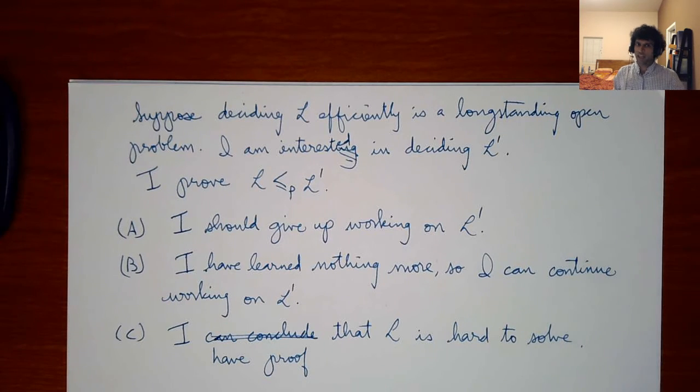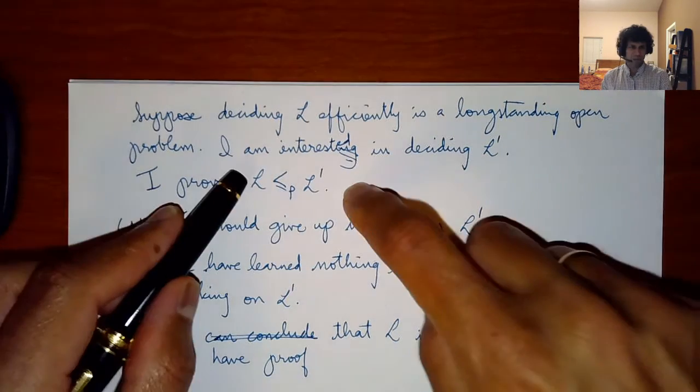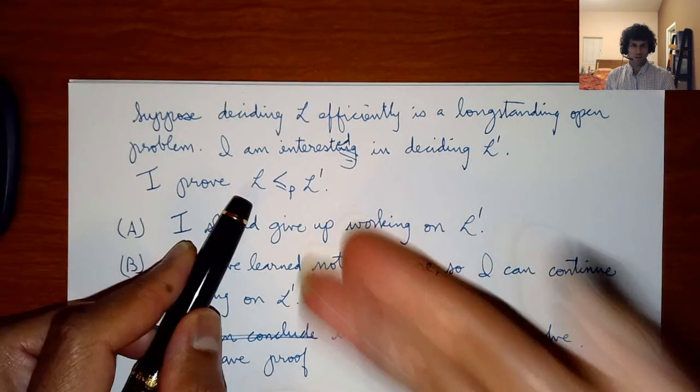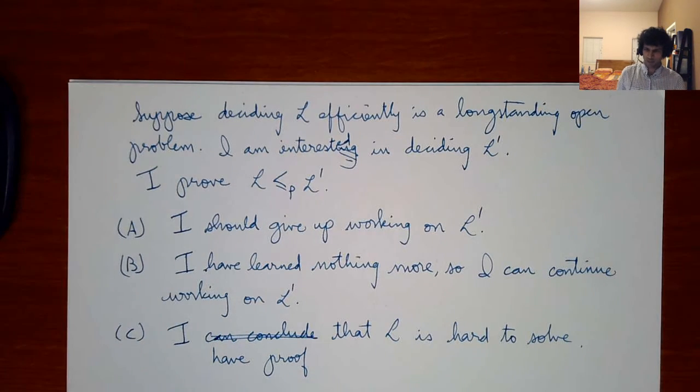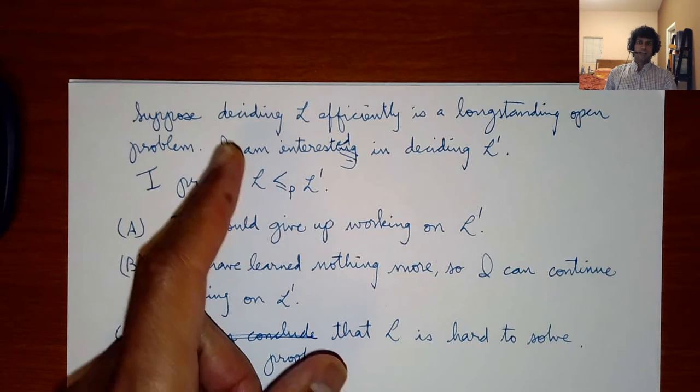What should I do? Should I give up working on L prime, saying that this is going to be too hard for me to do? Or is it that this is completely irrelevant? I mean, this is some other language L, which is hard. So I've learned nothing, so I might as well just continue to work on L prime. Or have I actually discovered proof that L is hard to solve? Which, as I said, is an open problem.